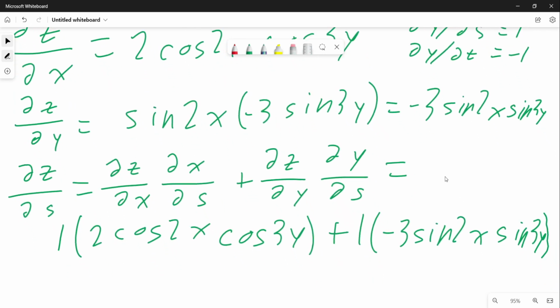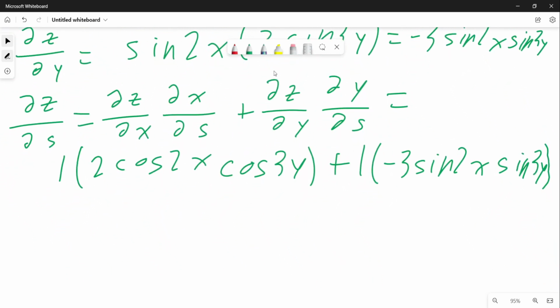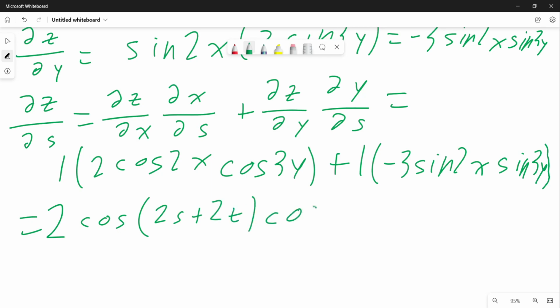Now, we don't want to leave it with x's and y's, so we'll replace them with the formula for them. So we get 2 cosine of 2x. Now, x was s plus t, so this is 2s plus 2t. Cosine of y is s minus t, so 3s minus 3t.